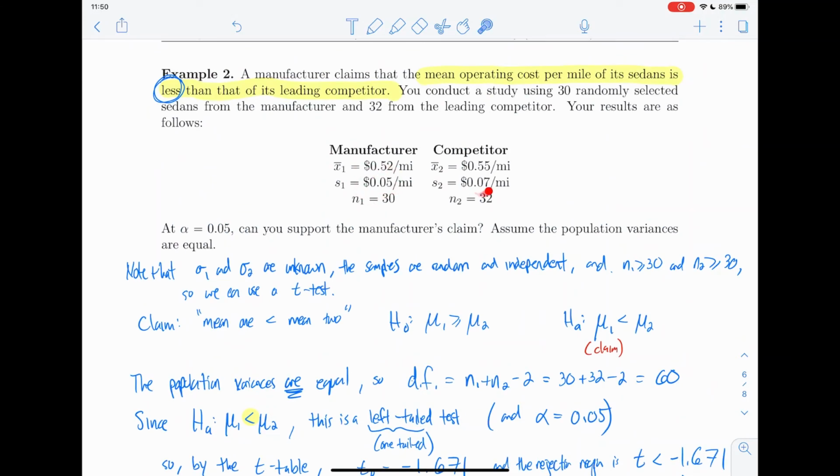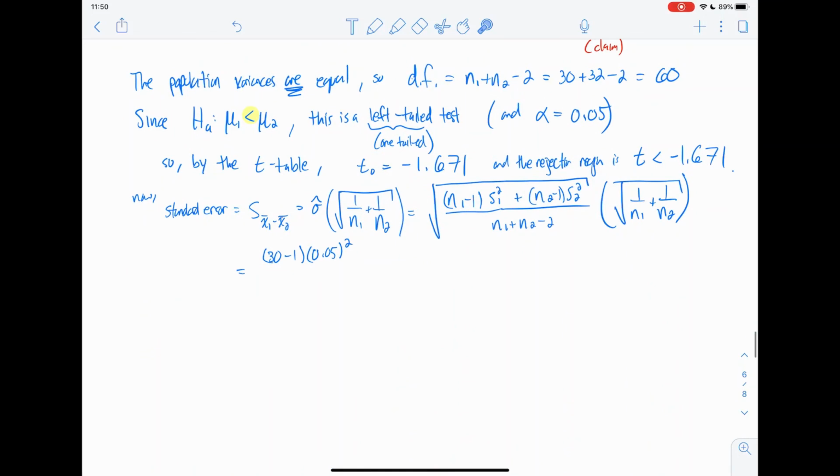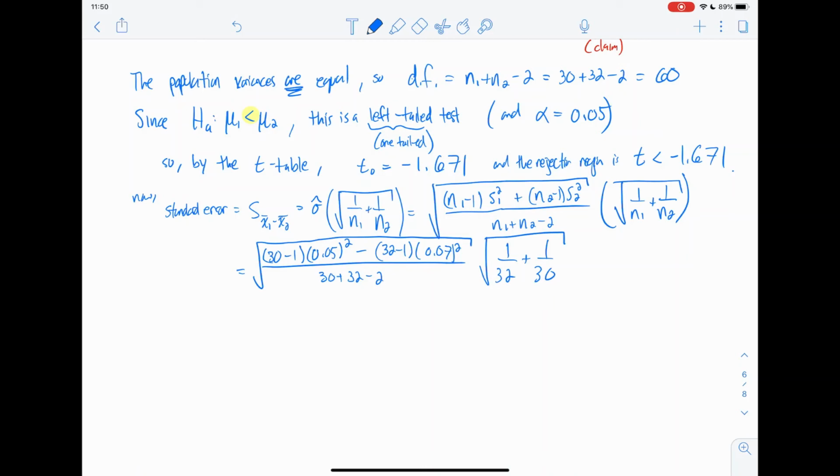Our s2 is 0.07, and our n2 is 32, so here I'm getting minus 32 minus 1 times 0.07 squared, all over 30 plus 32 minus 2. So this is that sigma hat term times 1 over 32 plus 1 over 30. So I guess I wrote this backwards, but it won't matter. You'll get the same number at the end of the day.